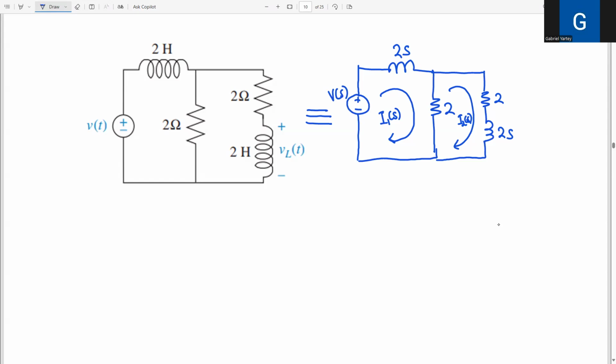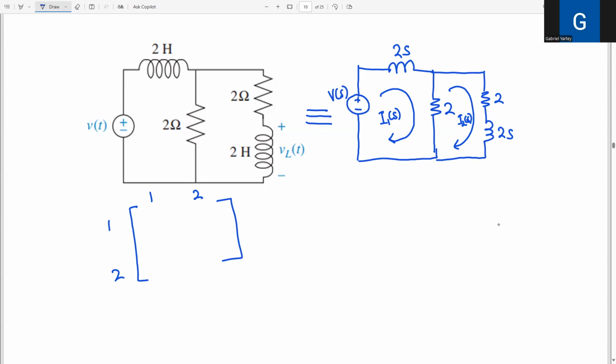So if I'm to form my 2 by 2 matrix, let me do the whole thing. I have column 1, column 2, row 1, row 2. The position index 1,1 here should have all the impedances present in the first mesh, right here. All the impedances present here are this 2s and then the 2.